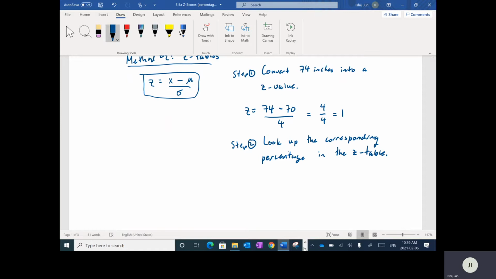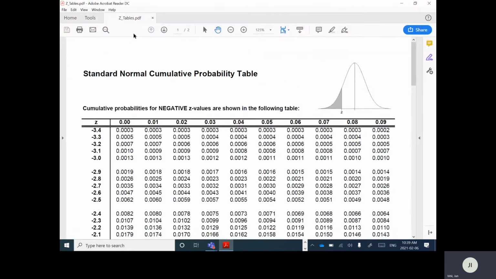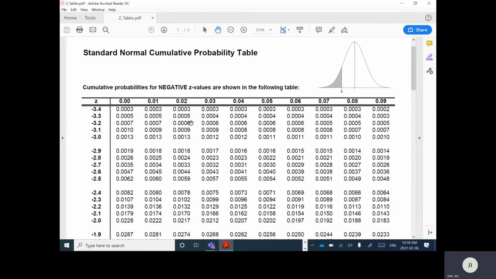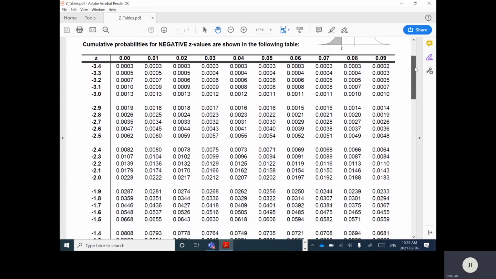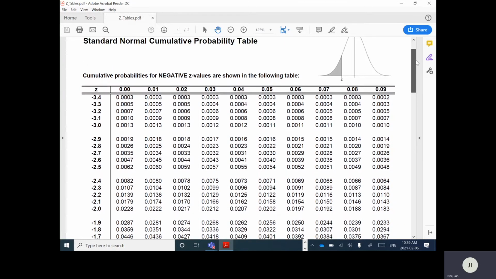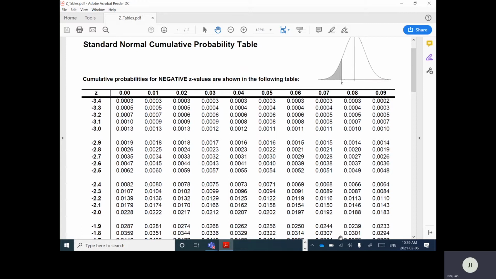I'm going to download this PDF one, and I'm going to post this one as well if you want to use it to refer to. So there's a couple Z tables that are accessible for you. Some of you would prefer this digital version. Others prefer the hard copy in the back of the book. Whichever one, the numbers should all be the same. Okay, so what I'm going to do here is look up. Let me scroll back here.